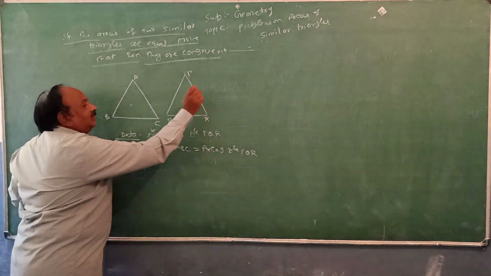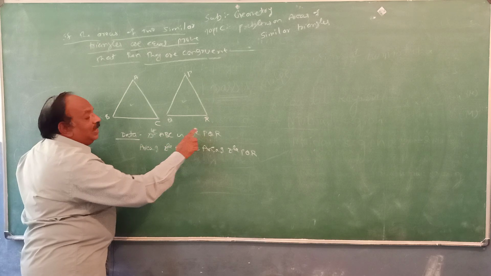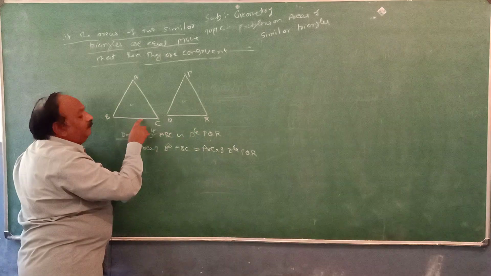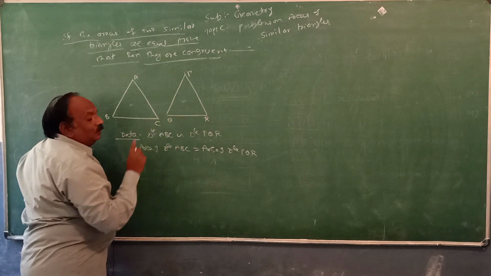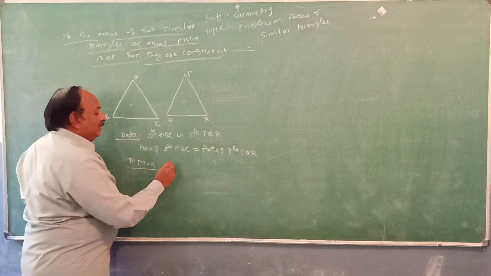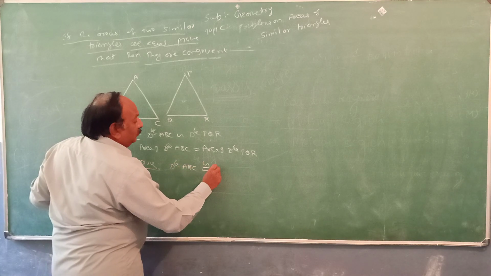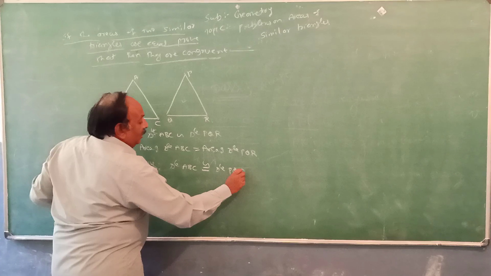We have to prove that triangle ABC is congruent to triangle PQR.